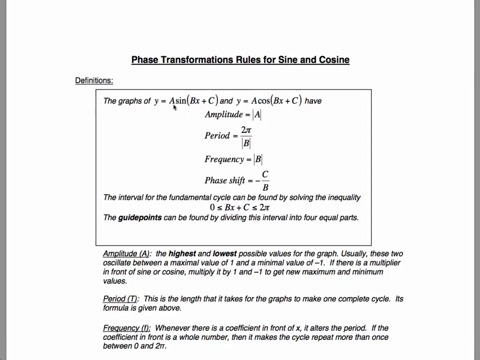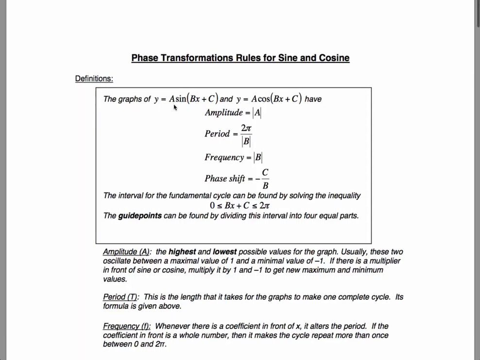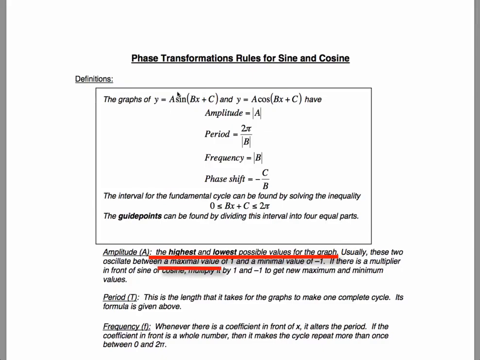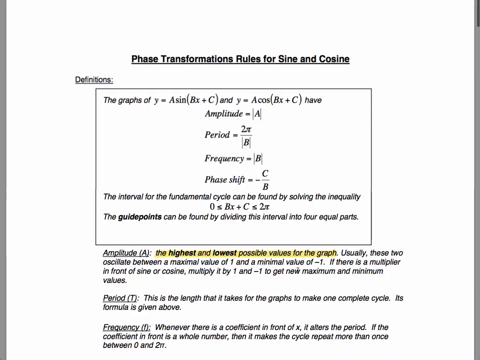It's going to be telling you what the highest and the lowest possible values for the graph are going to be. Now, you might have a shift up and down. We'll deal with that later, but that's the main use for the amplitude. It tells you the max value of the sine and the min. So if there's nothing there, we assume it's going to be between 1 and -1.